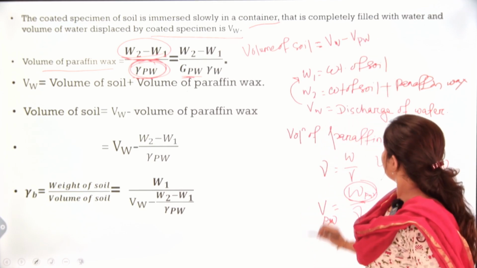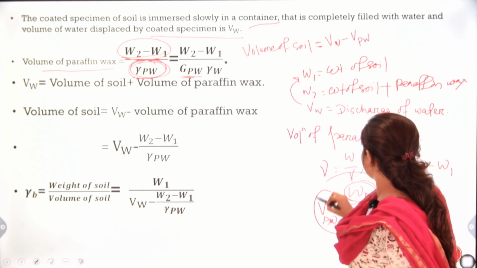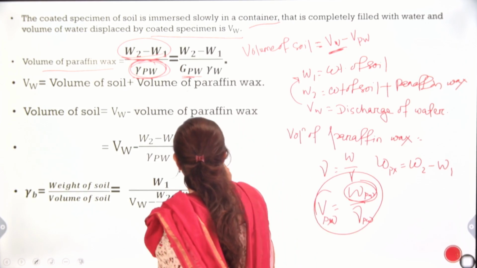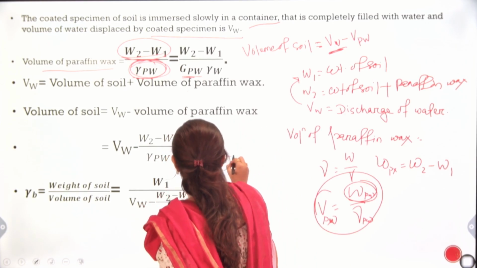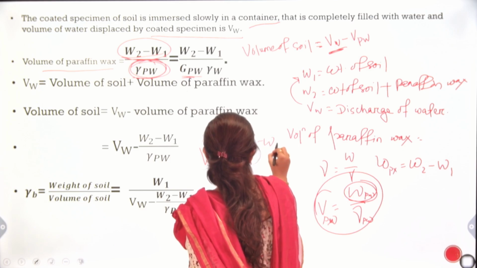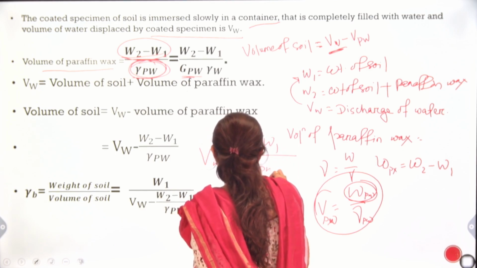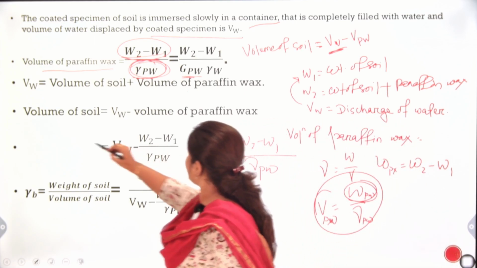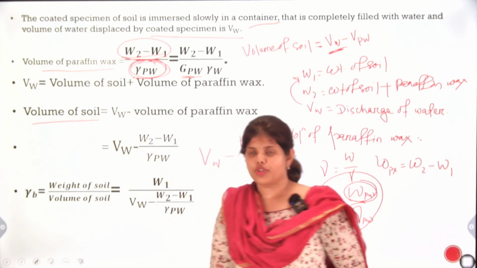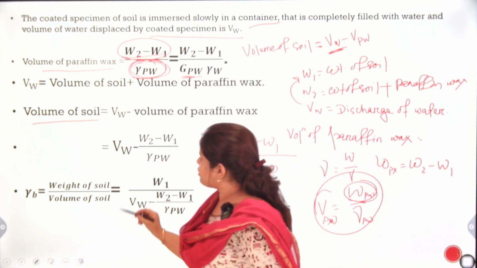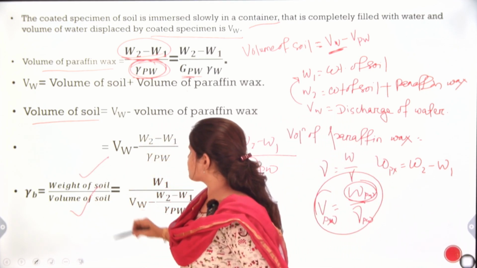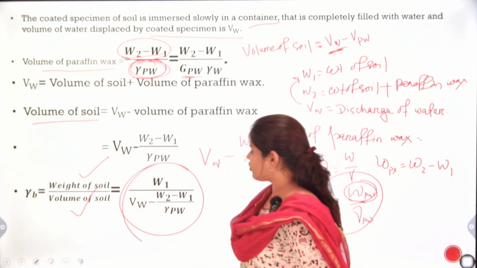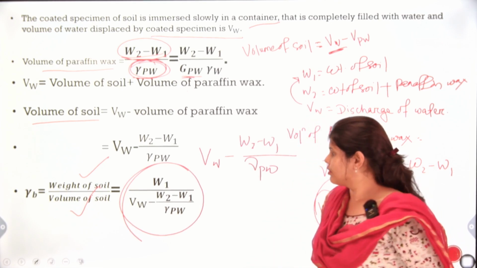Okay, so we have here the volume of paraffin wax, and VW we already have. So volume of soil is VW minus (W2 minus W1) upon gamma PW. Right. As we know, for calculation of unit weight, we need the weight of soil and the volume of soil. By putting the values here, we can calculate the unit weight of soil.